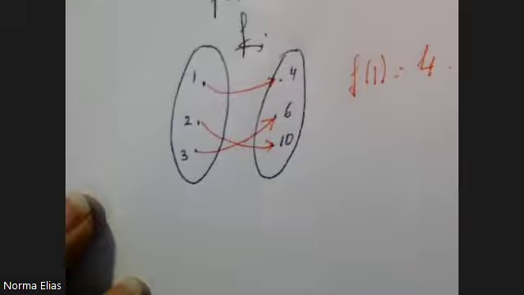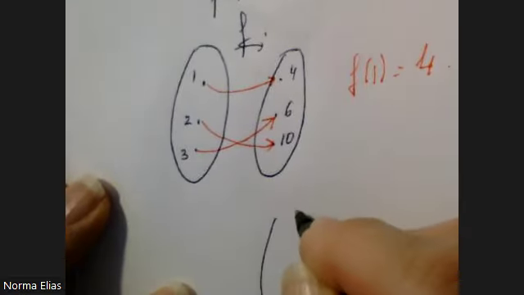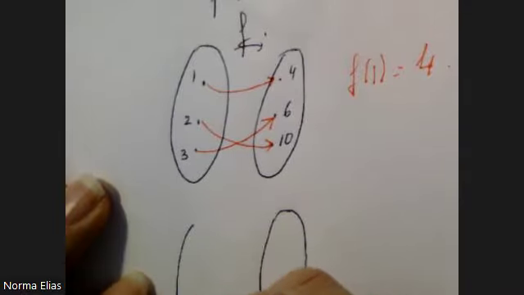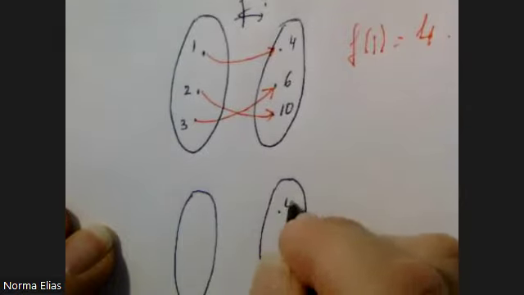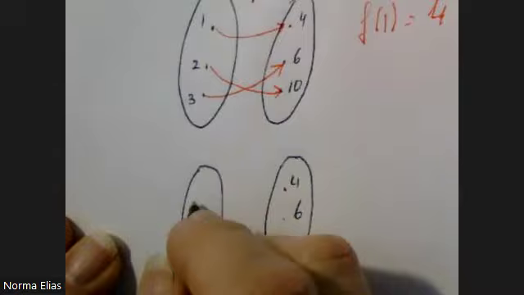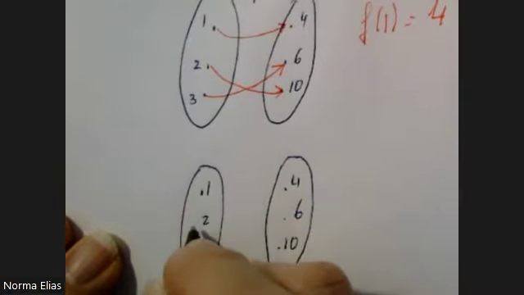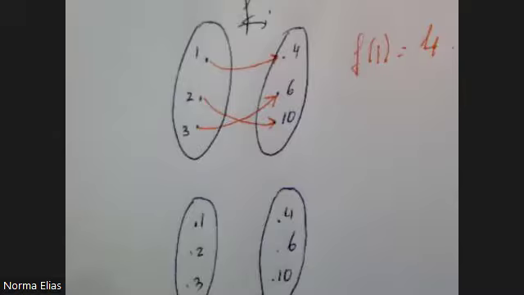Now, what is f inverse? F inverse is the following function. I'm going to draw exactly the same thing right here. And I'm going to put 4, 6, 10, and 1, 2, 3. So f inverse is going to do the opposite.